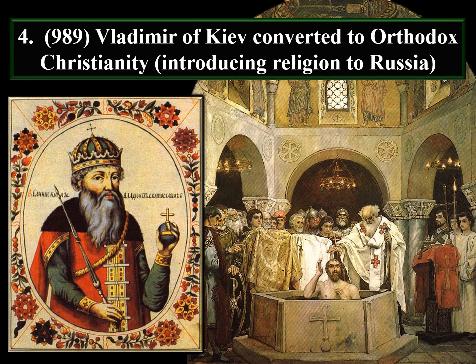In 989, Vladimir of Kiev converted to Orthodox Christianity and therefore introduced the religion to Russia.